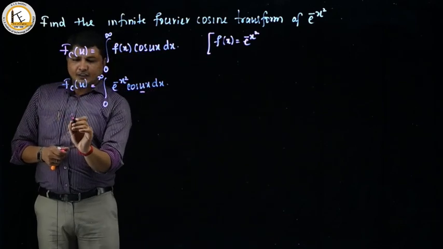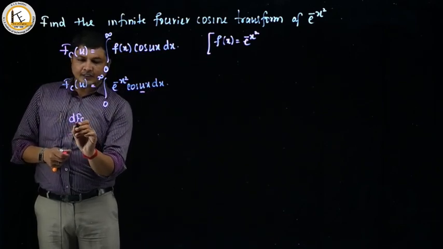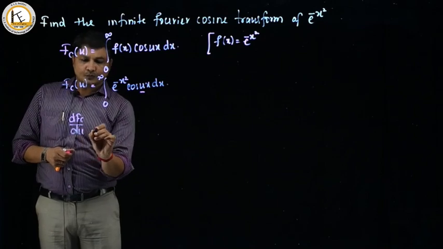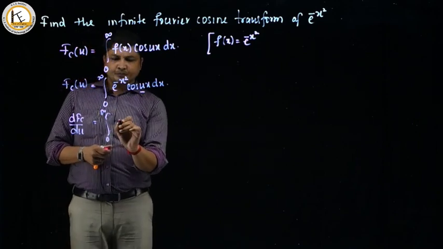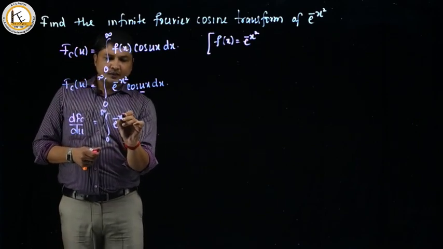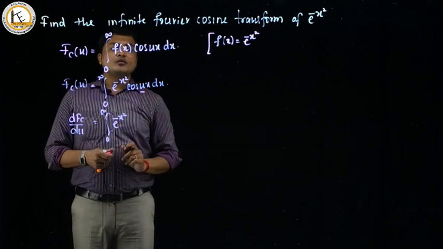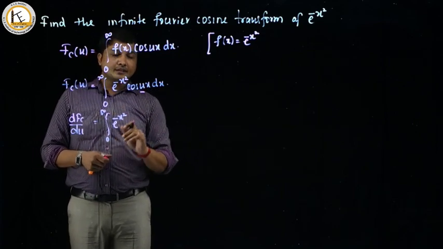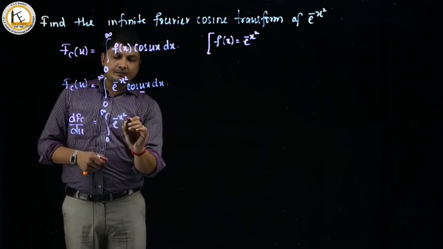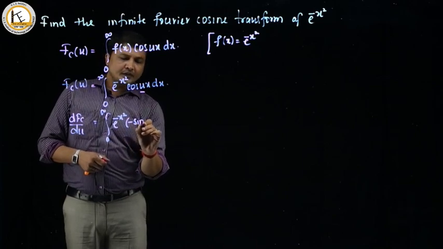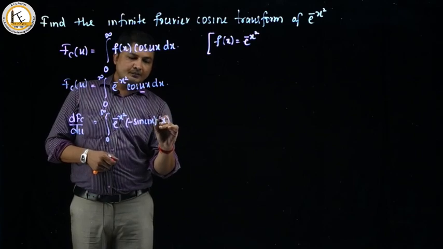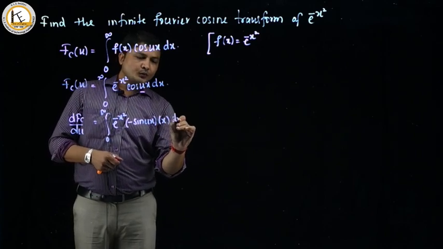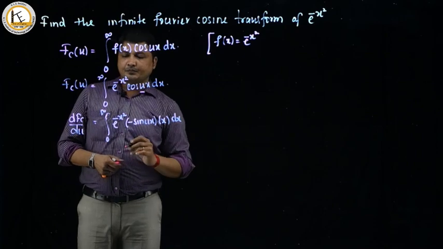So differentiating, we have dFc by du is equal to the integral sign will remain as it is, 0 to infinity, e raised to minus x square will be constant, and the derivative of cos ux with respect to u will be minus of sin ux into x with respect to x here.